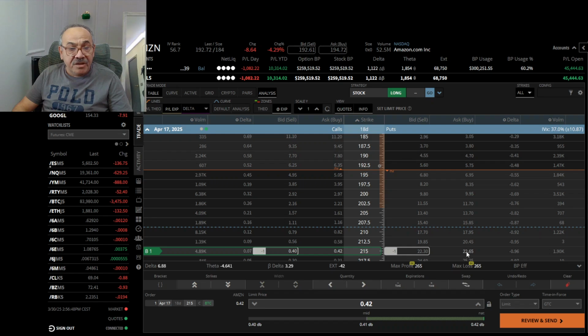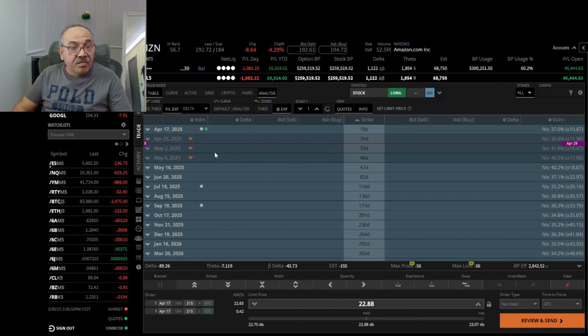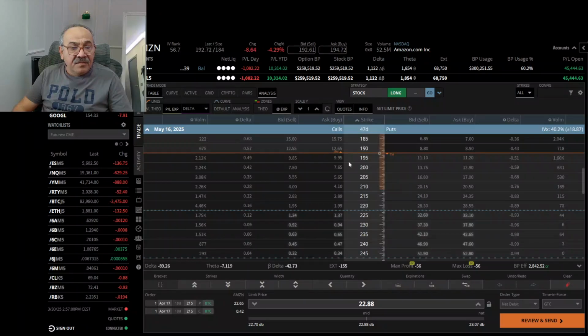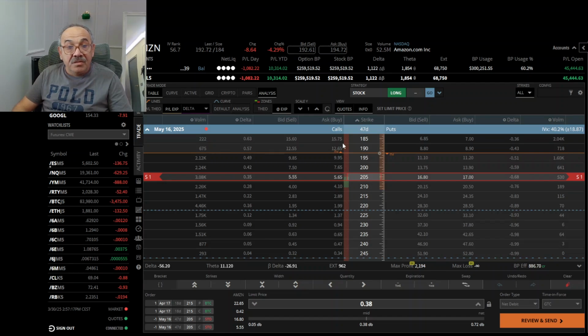So we close it and go to probably somewhere around 47 days till expiration, May 16, and probably we will choose a strike lower than before. It was 215 before. We can choose 205 right now and do it like this. Can you see that virtually we don't have any debit?